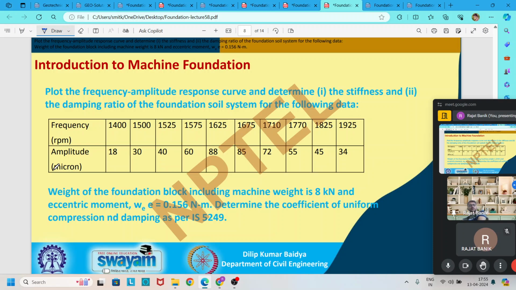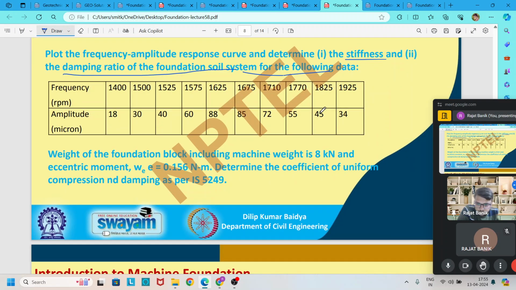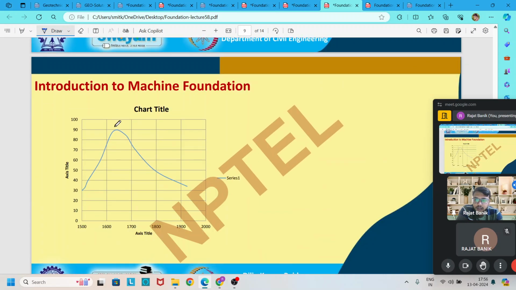So first you have to plot this frequency versus amplitude curve, then determine the stiffness and damping ratio of the foundation soil system for the following data. So here it is plotted.